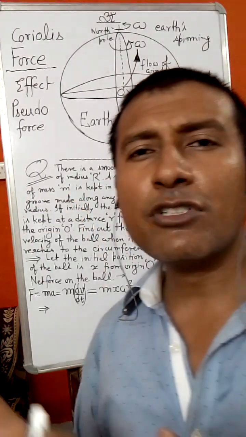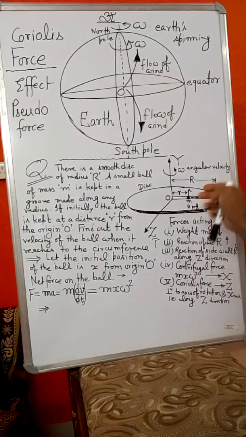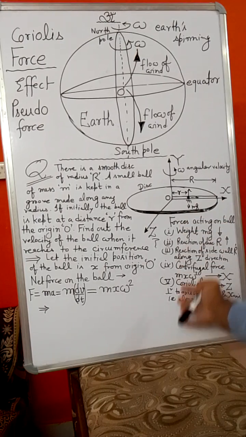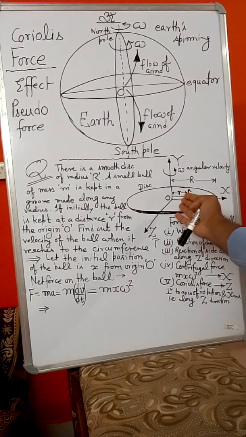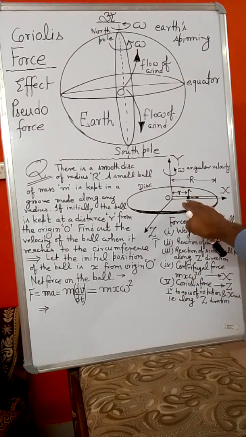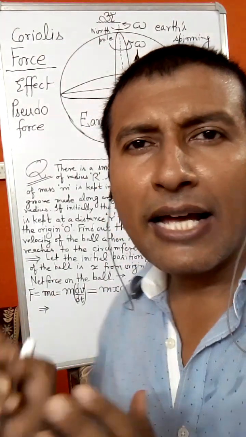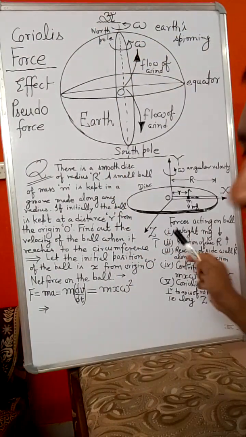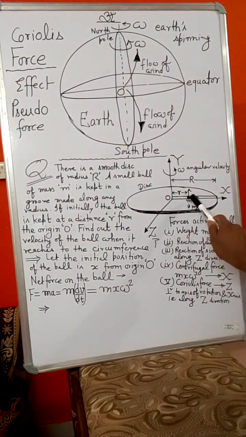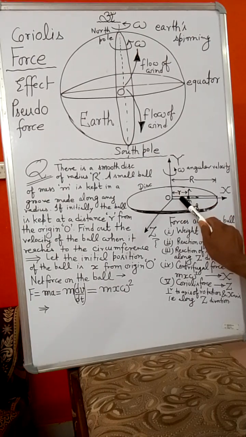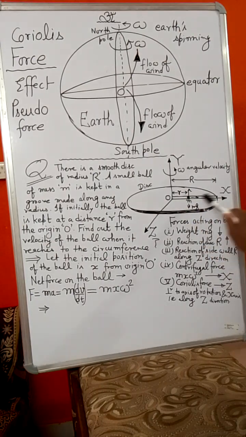So the net force acting on this ball will be these many forces, but as we have to discuss the movement of this ball, it can move only in the x direction as shown in the diagram. This ball is free to move only in the OX direction.